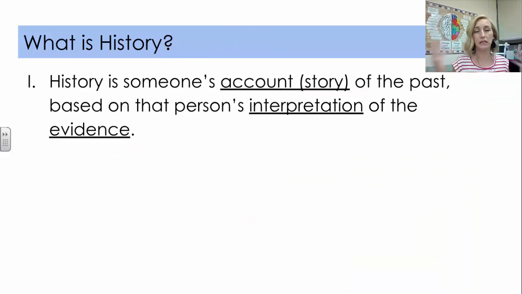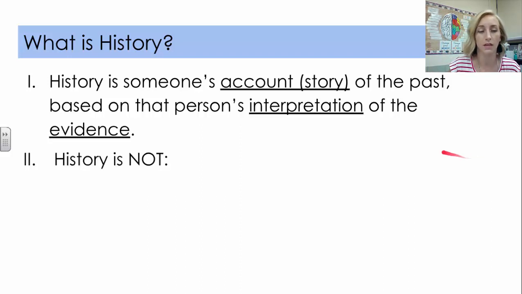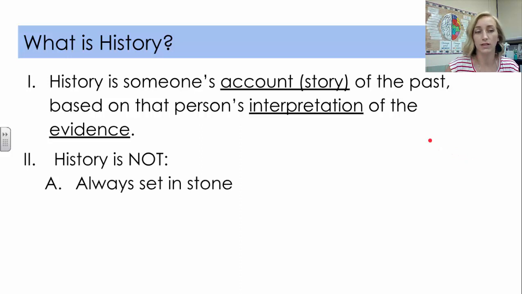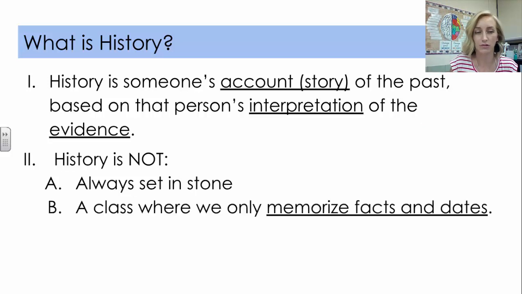It's a compilation of a lot of people's stories of the past, based on each of those people's interpretation of the evidence and what happened, right? So it's not an absolute truth of what happened, it's someone's interpretation. And just a recall here of what it is not, it's certainly not set in stone, right? It's not absolute truth.